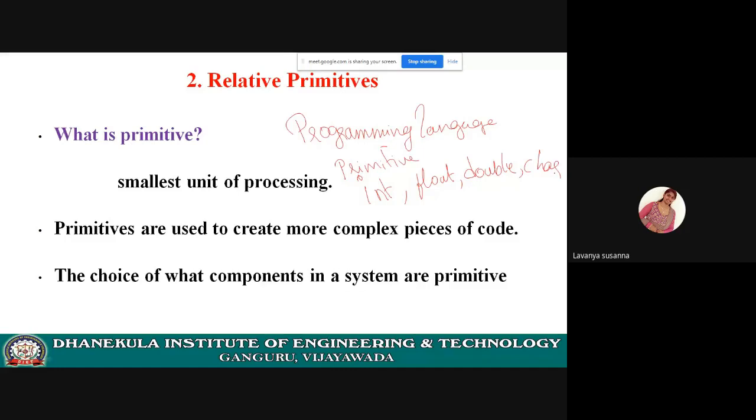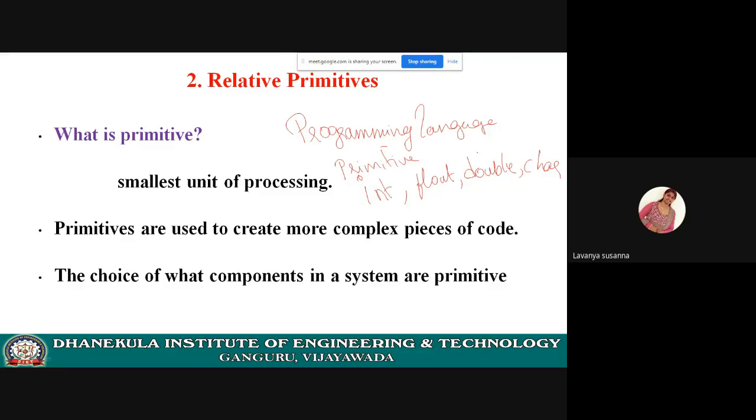All these are primitive data types. These primitives are used to create more complex pieces of code. Without these, you cannot declare a variable, right? I'm talking about code.